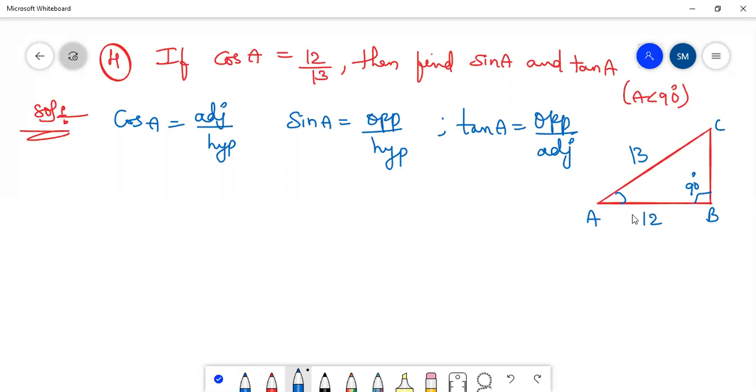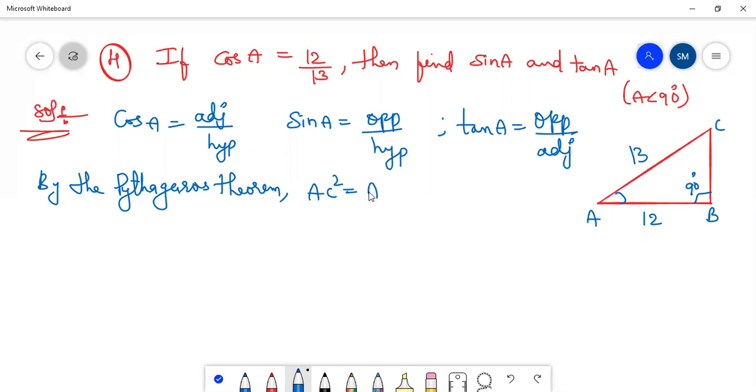So using again the Pythagoras theorem, AC square is equal to AB square plus BC square.